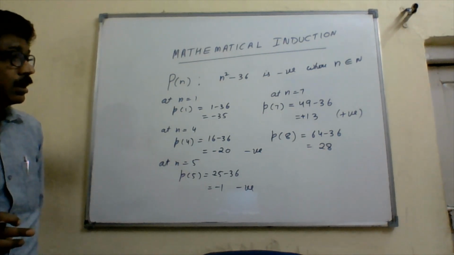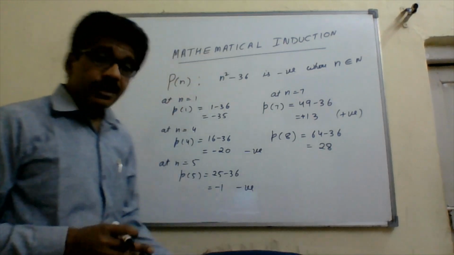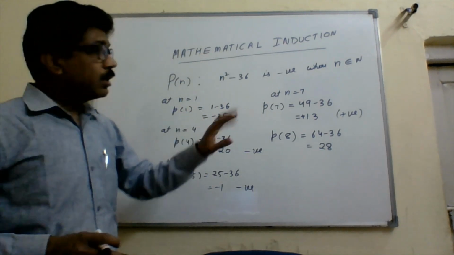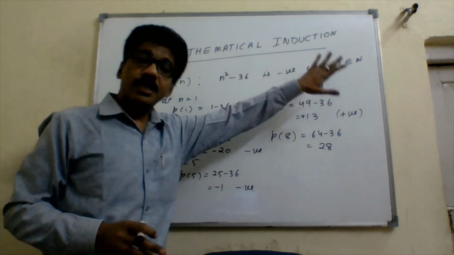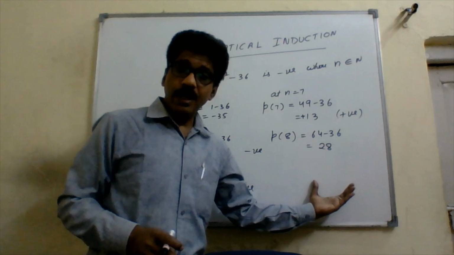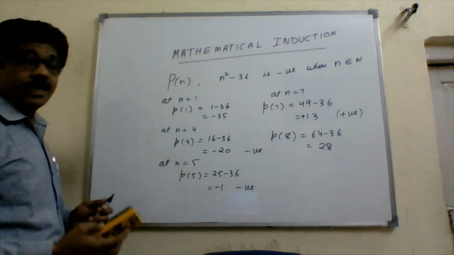So here we can say that this particular statement is true for some natural numbers, certain values of n, and false for other values of n. Now we consider another statement.